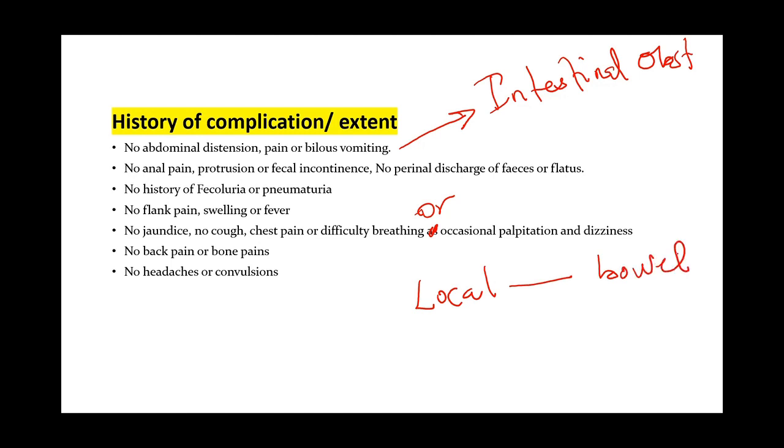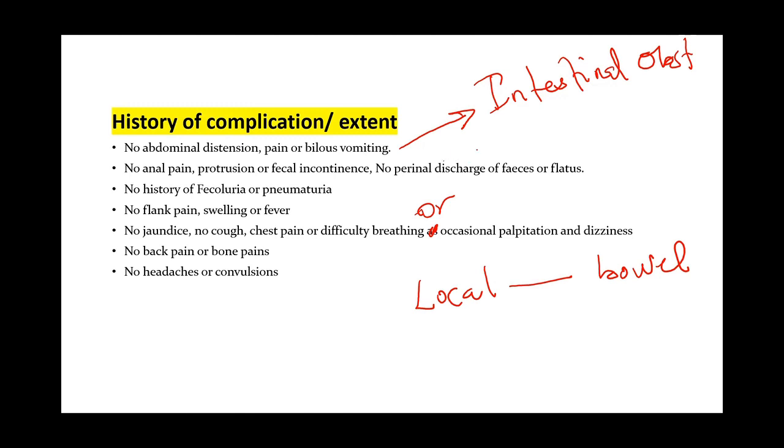It has to involve the bowel because that is the primary site where the tumor is arising from. No anal pain, protrusion, fecal incontinence, no perianal discharge of feces and flatus.